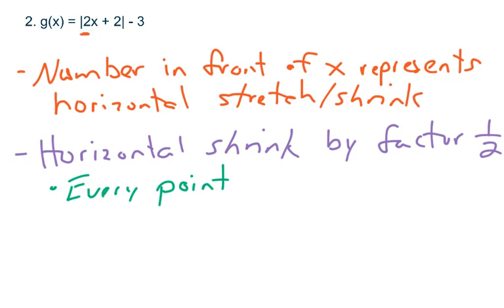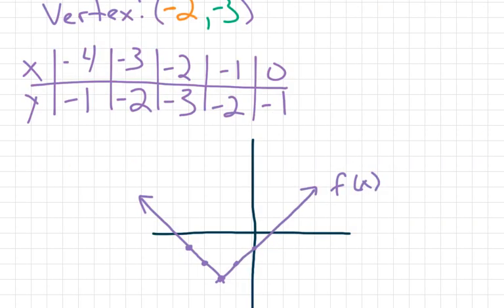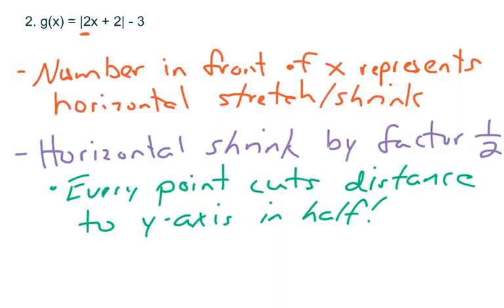So what this really tells me is that every point cuts the distance to the y-axis in half. Okay, so we're going to take this graph here and just shove everything this direction. We're going to make everything get closer to the y-axis.